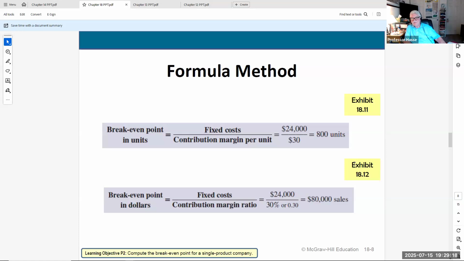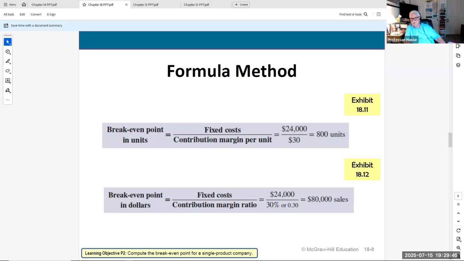For example, in this case, if we sell 801 units, the contribution margin of $30 becomes our profit margin. If we sell 802 units, we're now making $60 profit. If we sell 803 units, we're now making $90 profit.